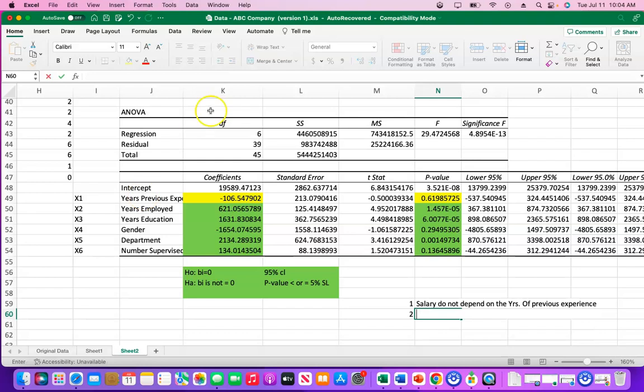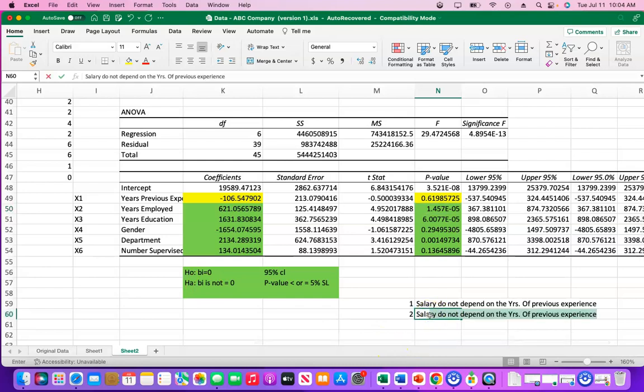In this case, you can see that the probability value is 0.501457, which is less than or equal to 5%. And therefore, we know that this slope is not equal to 0. It is significantly different from 0. And so it has an effect on the salary.